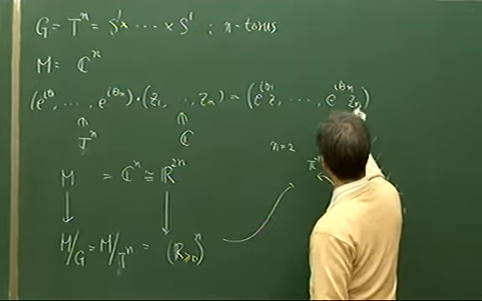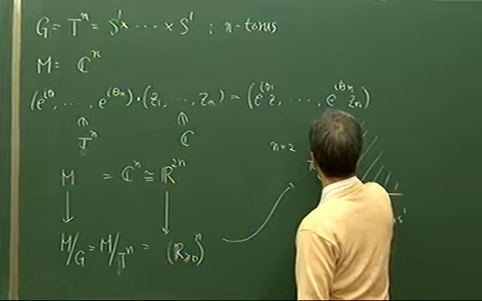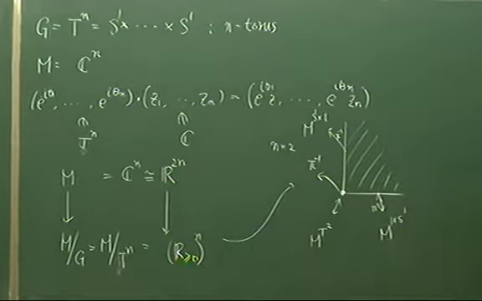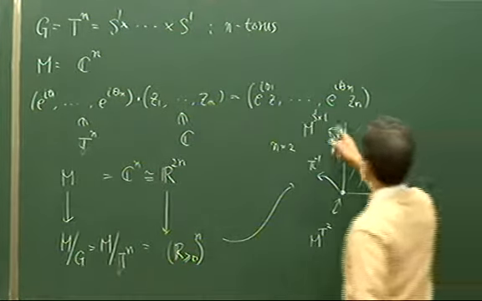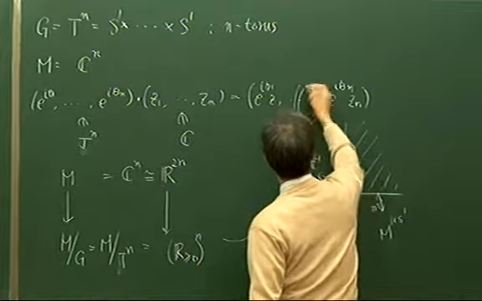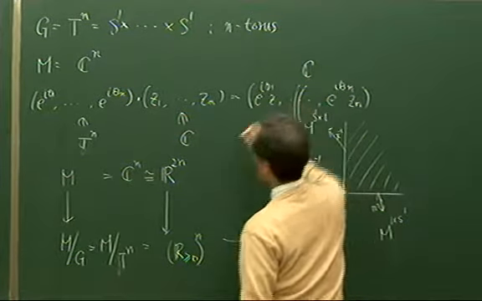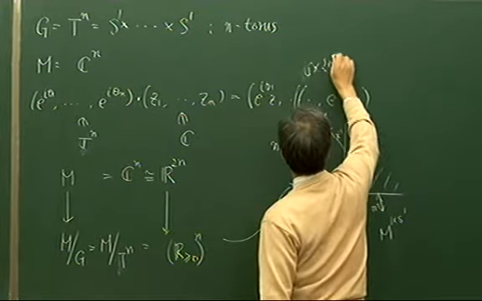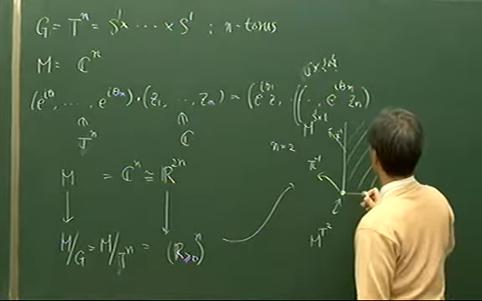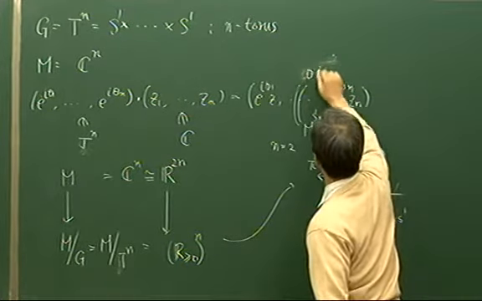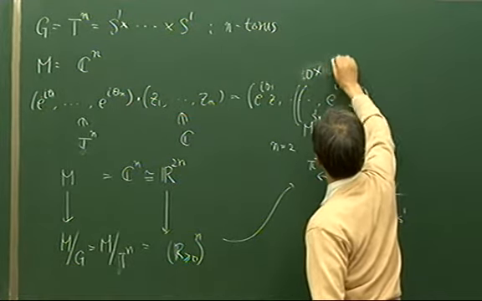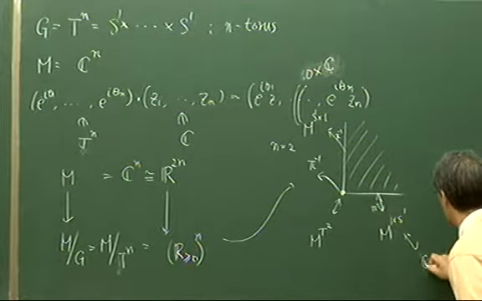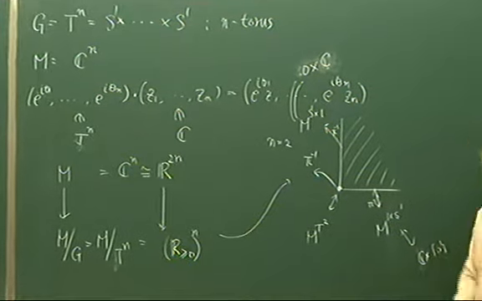So this part is fixed by S1 cross 1. Right? So this part is nothing but, in this case, C. Okay, if this is C, then it is C times 0, and this corresponds to C times 0, right?